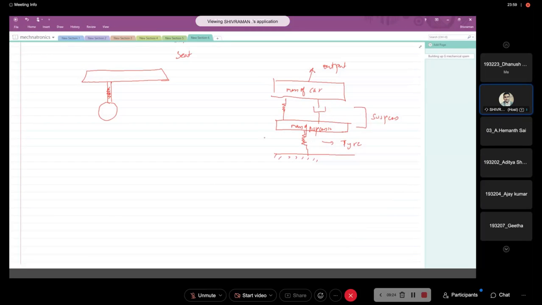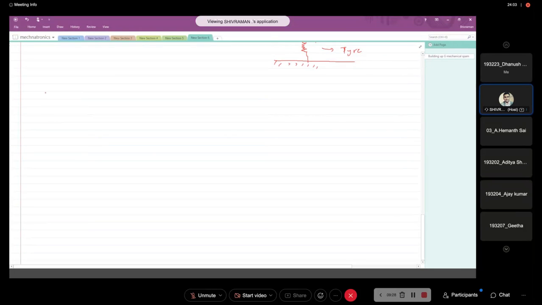Okay, so how do you approach or develop a system? There are certain thumb rules or procedures which one should follow. First of all, you have to isolate the various components and draw the FBD, that is the free body diagram.